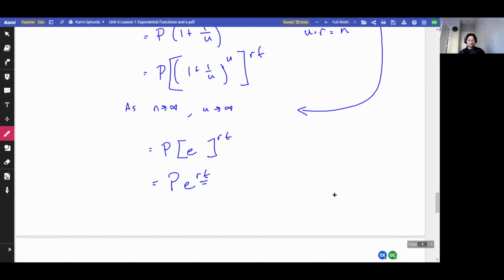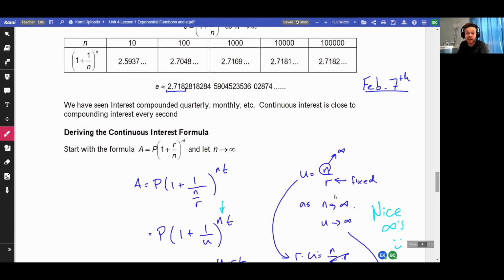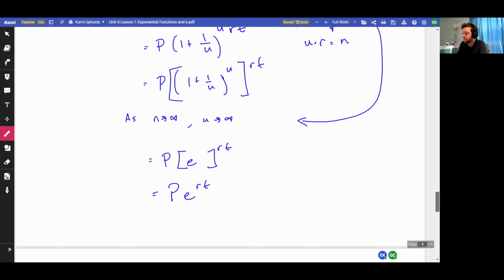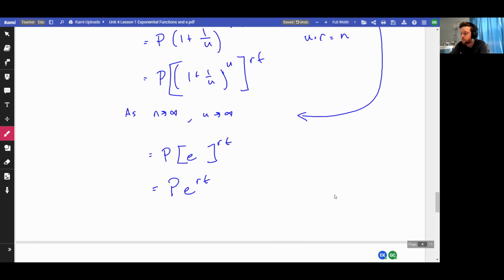So the difference between the compound and the continuous formulas is that compound has an n in the exponent. Continuous has an r in the exponent. That's a common mistake when people are using the formulas. That's why I like to avoid the formulas at all costs. We cannot with Pert. Kind of need the formula. But with the compound interest, we can just big brain it out.